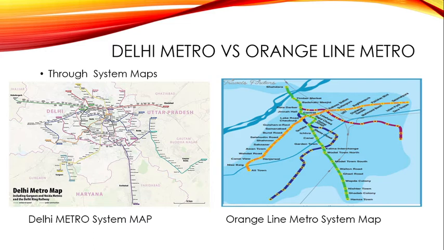If we see the difference between the Delhi Metro versus the Orange Line Metro, on the left side you see the Delhi Metro system map, and on the right side you can see the Orange Line Metro system map, and they both look very similar to each other. Looking at Delhi, we realize that not only Delhi but the surrounding nearby cities were also touched by its lines. On the left side there is Gurgaon, where the last station of the Delhi Metro went, and from Gurgaon you can reach interior Delhi.